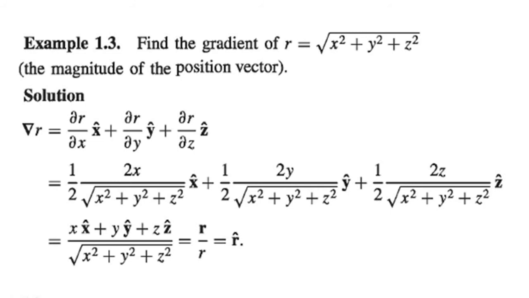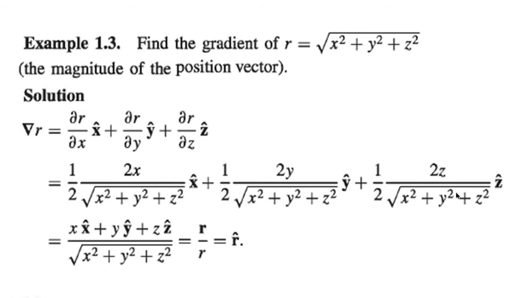That's equal to this term. Then this 2 and 2 will be cancelled together. We can cancel these 2, we can cancel these 2 also. Then on the numerator there will be x, y and z, or x cap, y cap and z cap. In the denominator, root of x square plus y square plus z square.